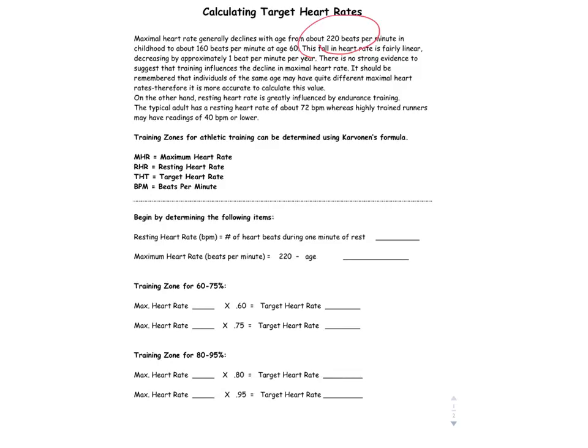So we are going to calculate our target heart rate zones for exercise at this point. For the purposes of today, resting heart rate, the number of heartbeats during 1 minute of rest, we are going to use 70 beats per minute.